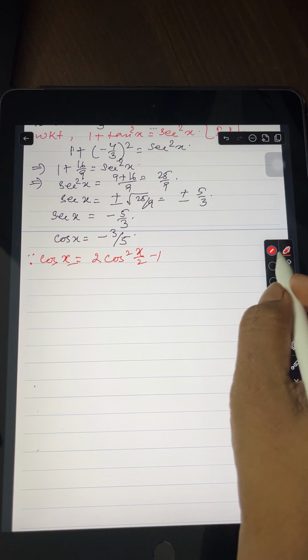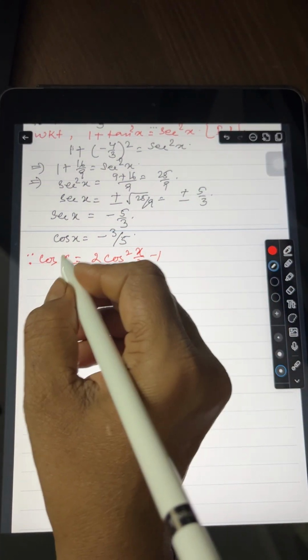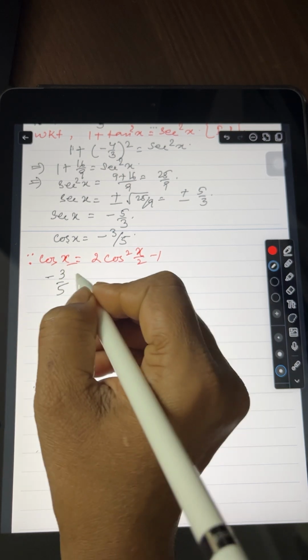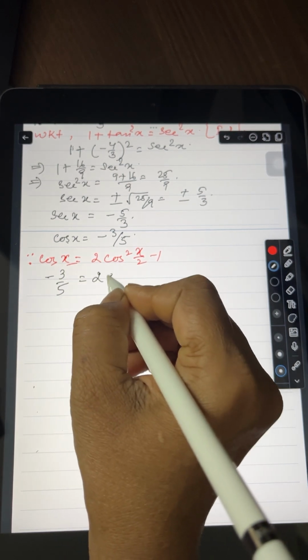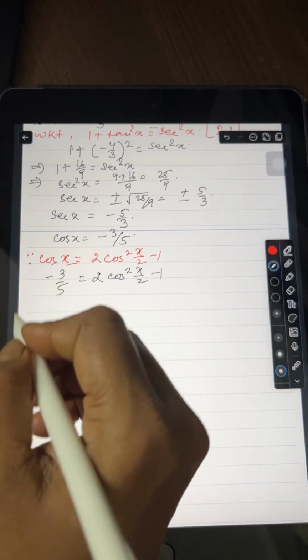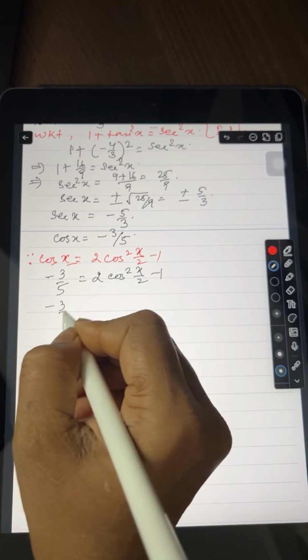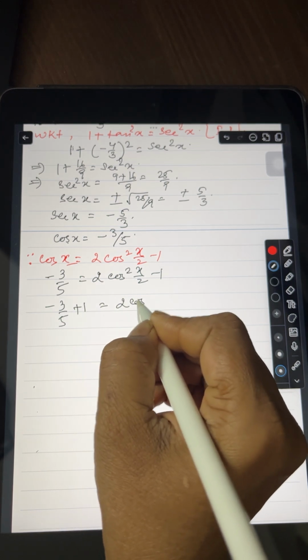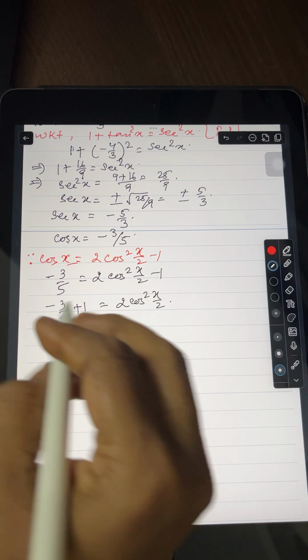Okay. Now you will have to substitute the value. Now cos x is what? Minus 3 by 5 is equal to 2 cos square x by 2 minus 1. Bring it to the other side, it becomes plus 1, so 1 minus 3 by 5 is equal to 2 cos square x by 2.